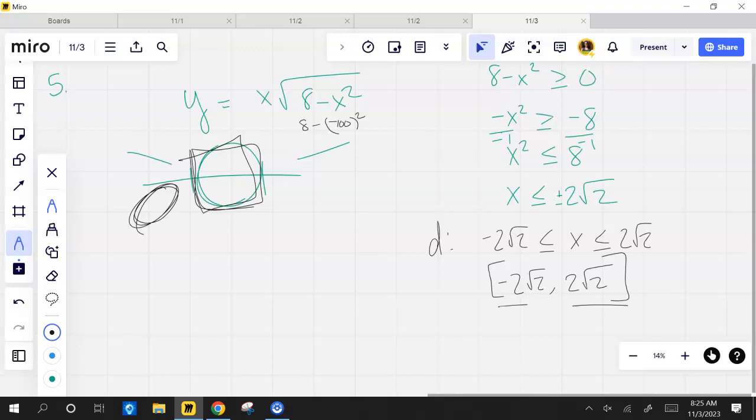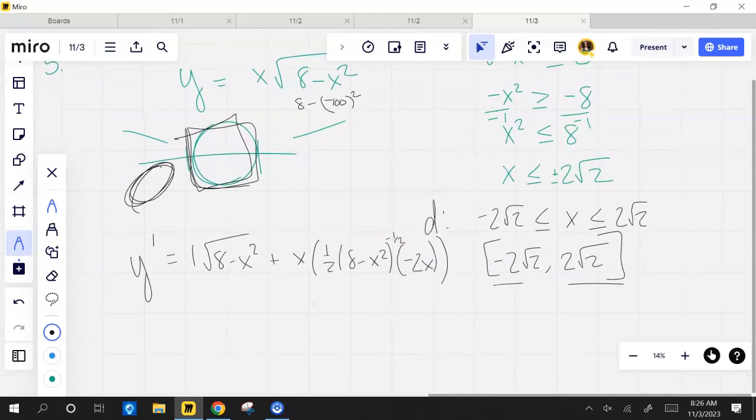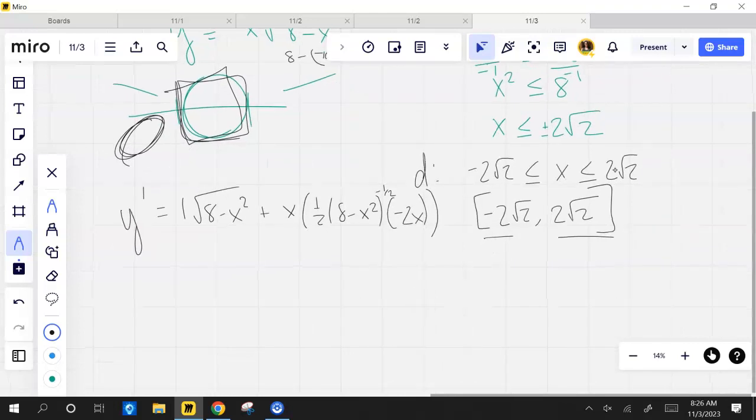All right, so now let's find the derivative. Derivative of the first times the second plus the first times derivative of the second. So 1/2, 8 minus x squared times negative 2x. Negative 1/2, I have that there. I'm a little worried about these 2's here. Okay, so the 2's cancel.